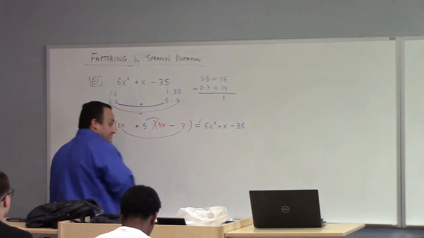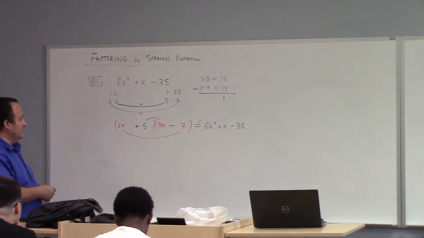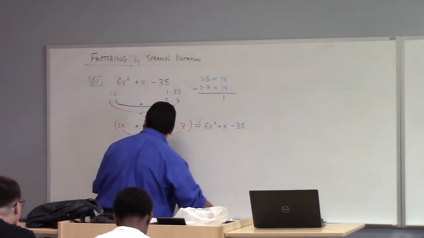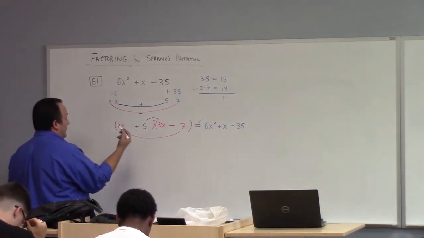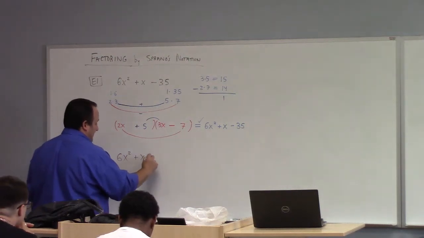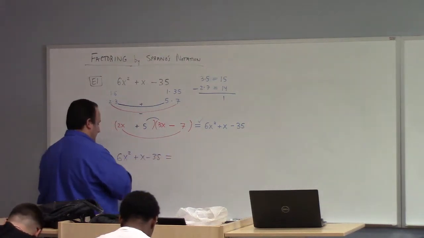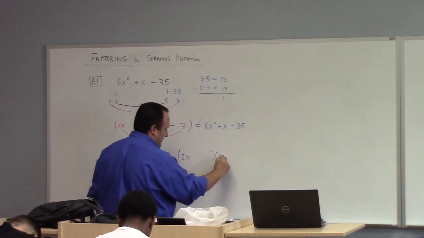Okay. So what would you say was different? I got distracted with my shenanigans. In the prequel to this example, I would have done it this way. 6x squared plus x minus 35. I would have looked at it and said, well, 6 is like 2 times 3, so I'm going to try 2x here and 3x here.